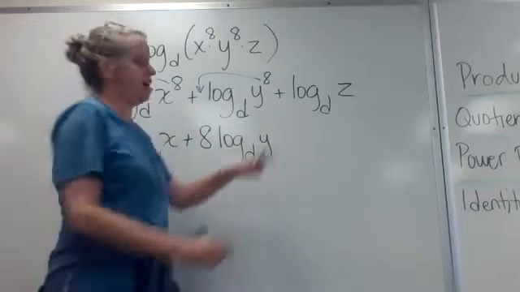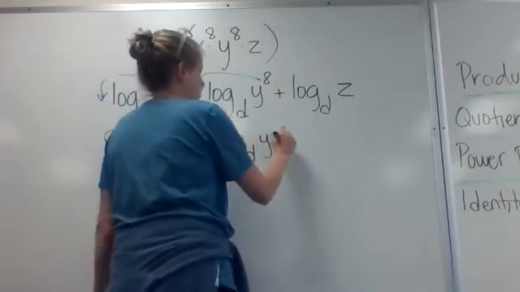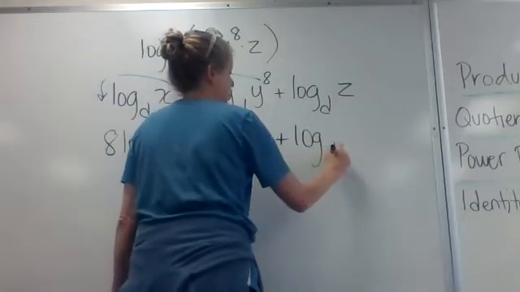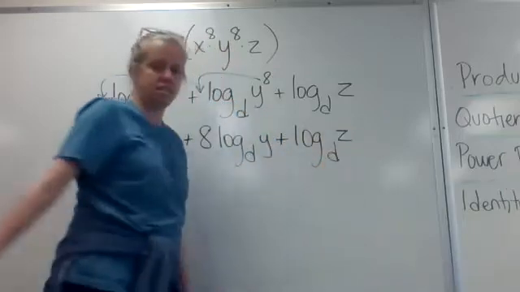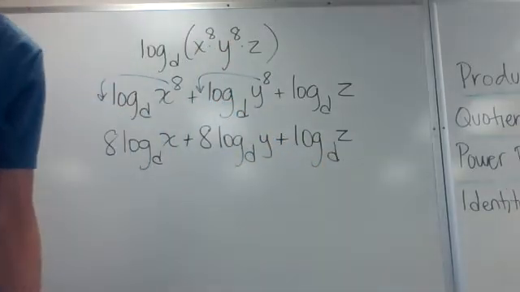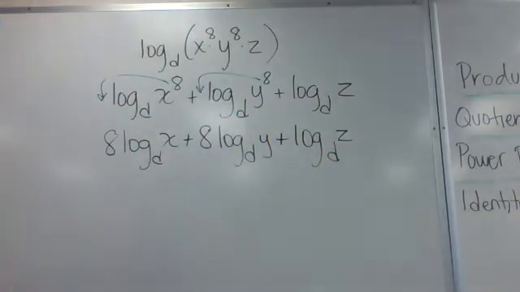And since this one didn't have an exponent, you're just bringing it down. Plus log base d of z. Number 8.